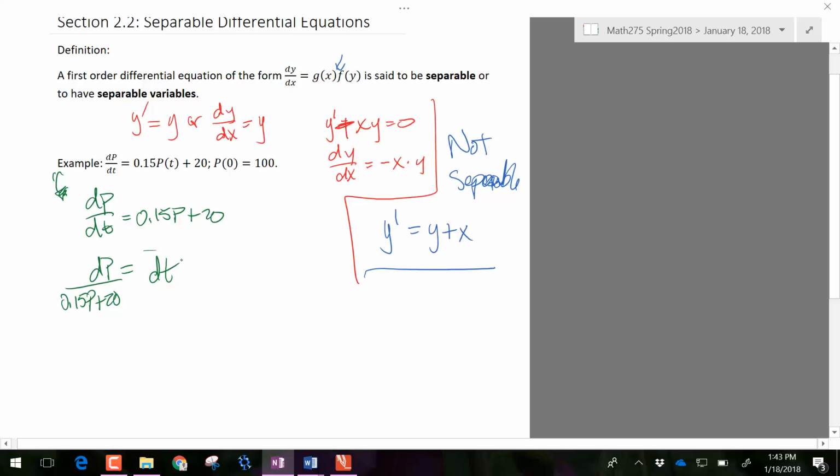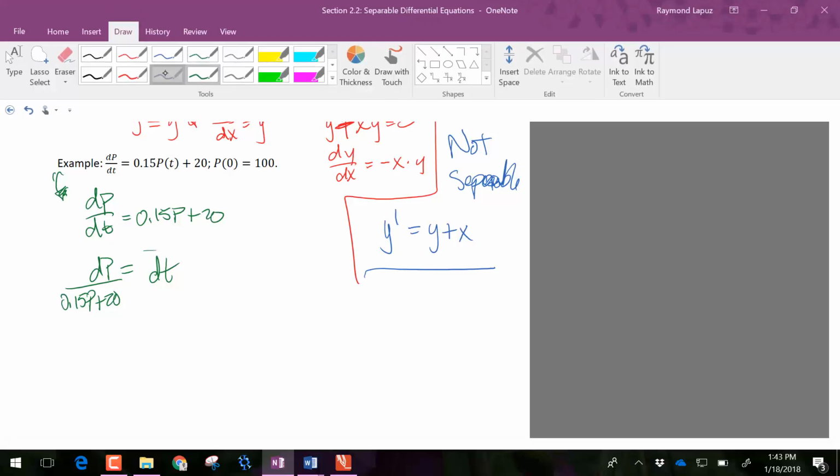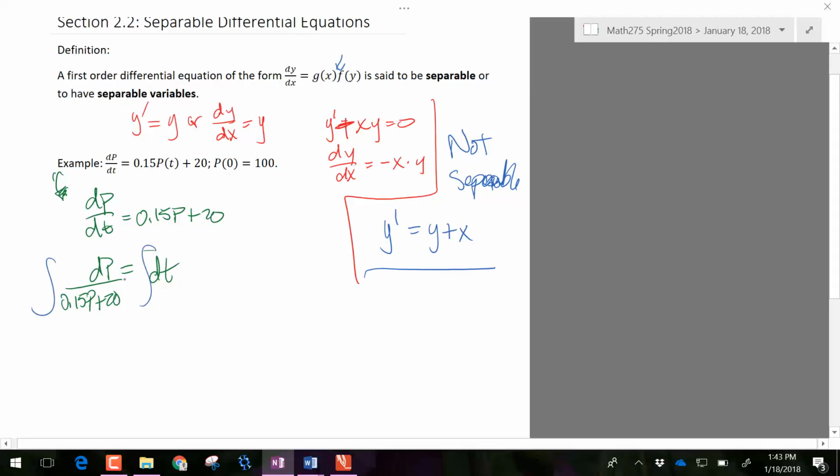And now the differentials are already written there for you. So you can just take the integral of both sides. The integral of the left-hand side, if you do some appropriate u substitution, will be the ln of 0.15P plus 20, and because of the u substitution, you have to divide by whatever.